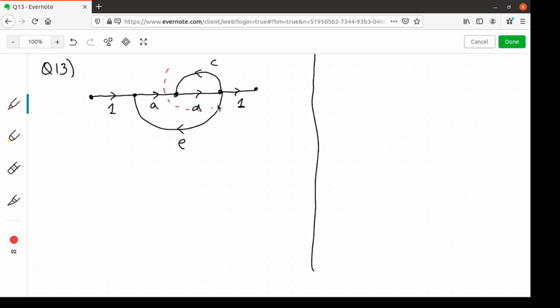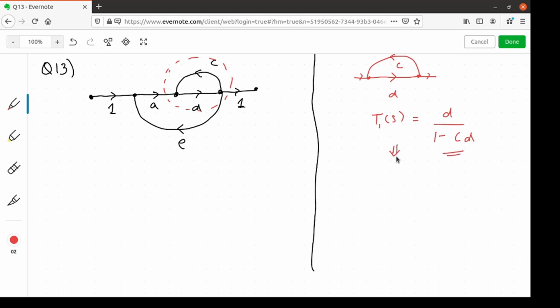Now let us look at this part. I'll just redraw that part here. E, so we can have an equivalent representation of this part alone, since it's a system with forward path gain of D and a positive feedback path of C. So the net or equivalent transfer function, let us call that T1(s), will be equal to D divided by 1 minus CD.